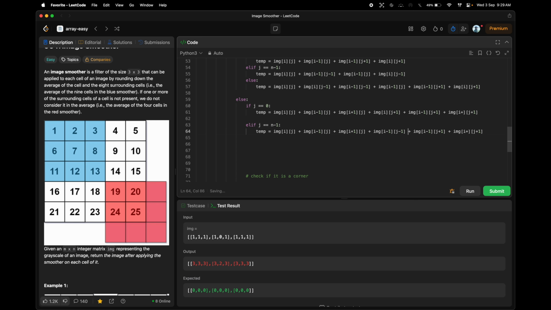Okay, and then I minus 1 top, I minus 1 would be here, j minus 1 would be here, and then if I add one, j minus 1 is this, left. This would be I plus 1 and j minus 1.